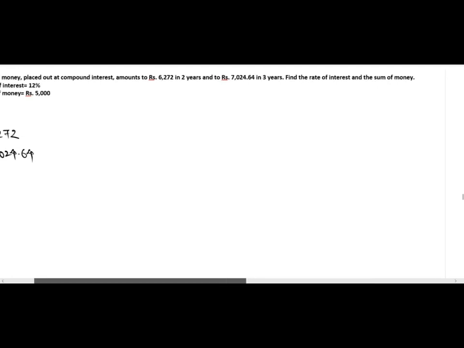And to rupees 7024.64 in 3 years. Find the rate of interest and the sum of money. So you have to find the principal and the rate of interest.